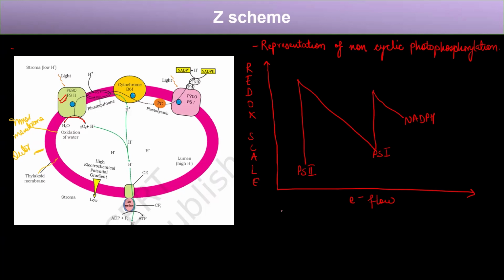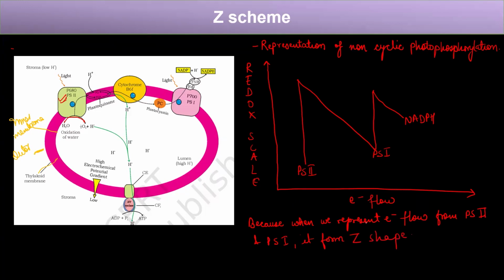So why do we call non-cyclic phosphorylation a Z scheme? Because when we represent the electron flow from PS2 to PS1, it forms a Z shape. And because of this reason, it is known as the Z scheme.